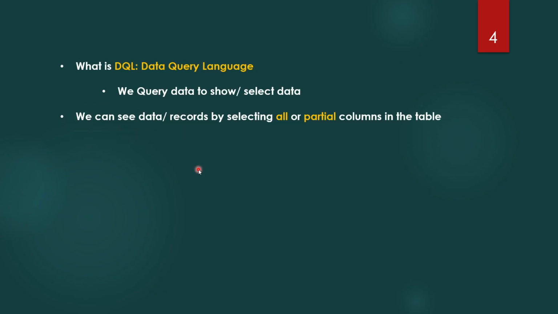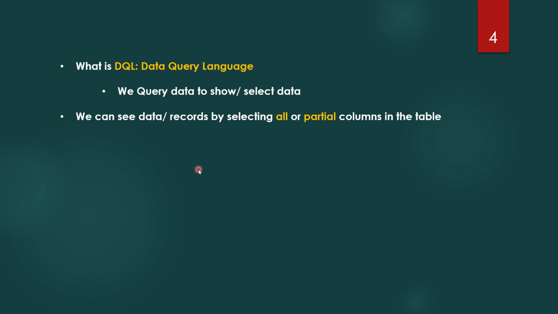First, DQL means data query language. If you remember in the previous videos, DML, or data manipulation language, DDL, data definition language, DCL, data control language, TCL, transaction control language. And today, DQL.